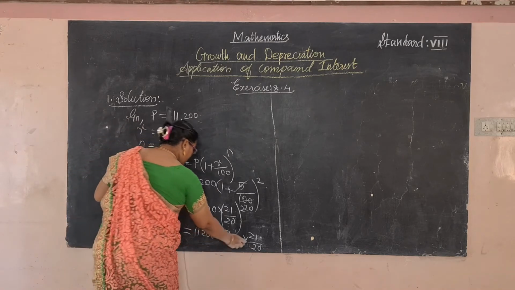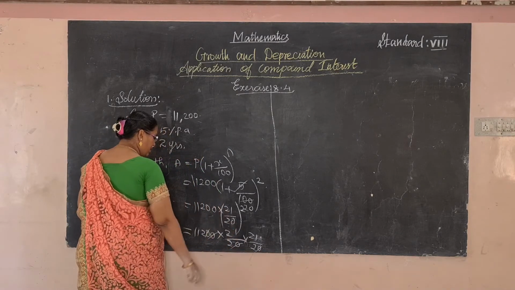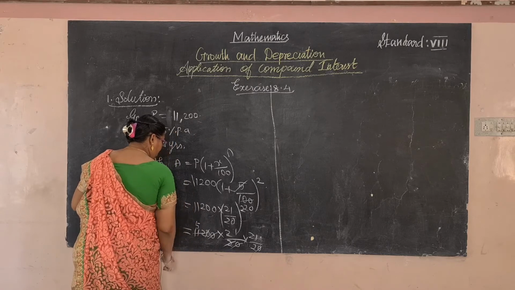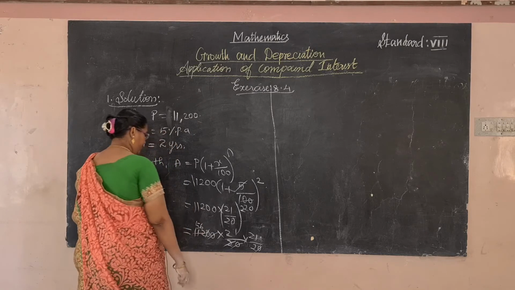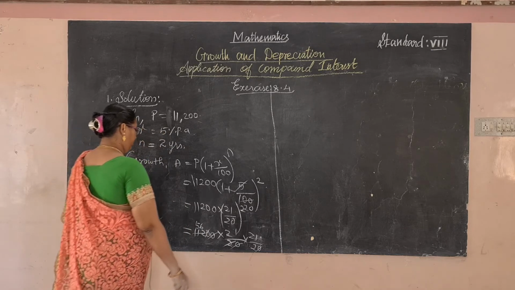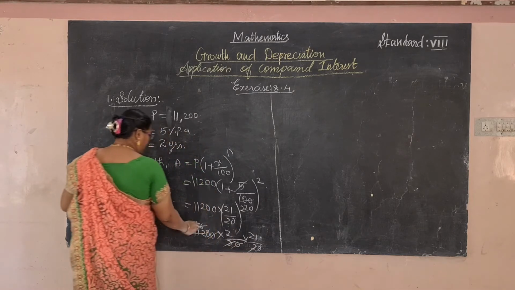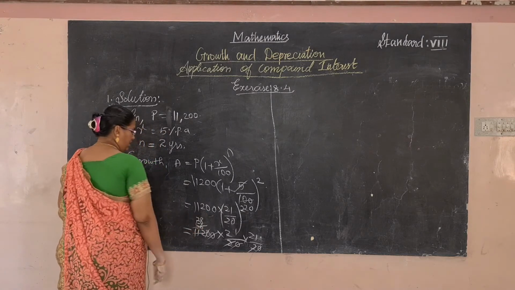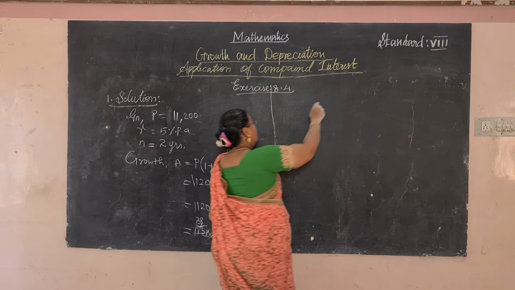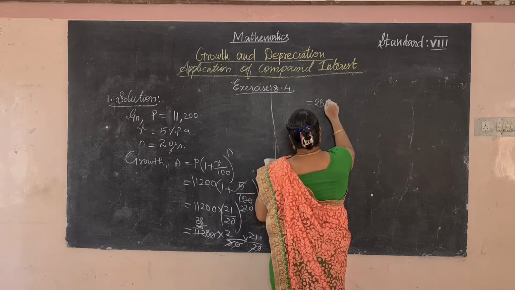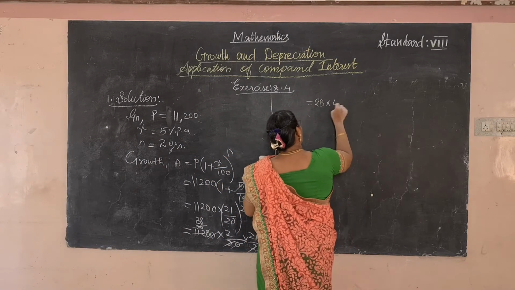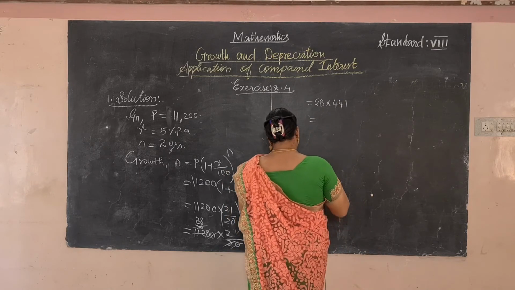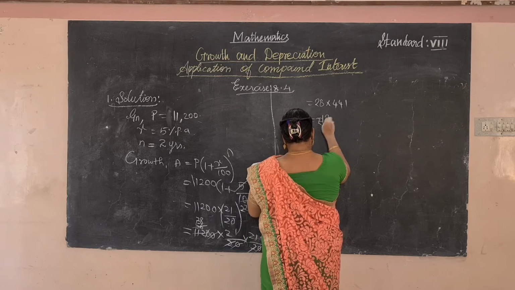Okay, so these 2 zeros will be cancelled. 2 5s are 10 and 6s are, again 2 2s are 4, 8s are 16. So multiply 28 into 21, 21s are 441. So multiply these values, we get 12,348.